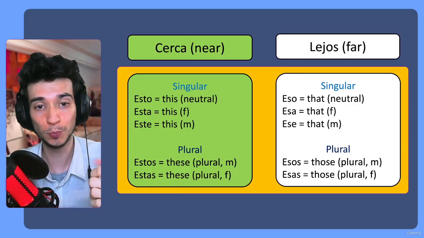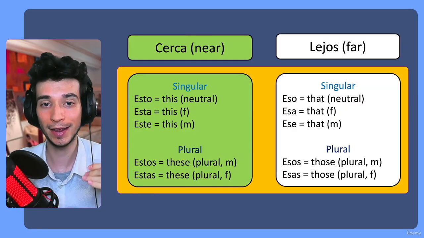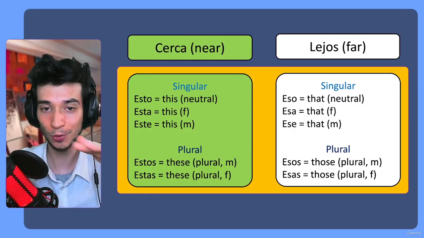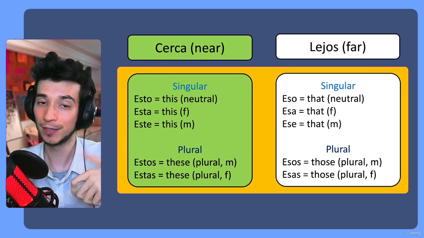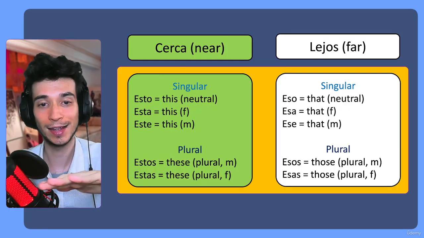And once we get to plural, you will say estos. You basically just add an S. So estos means these, all of these, plural, masculine, or mixed together. Even if you don't know the gender, you would say estos, these.